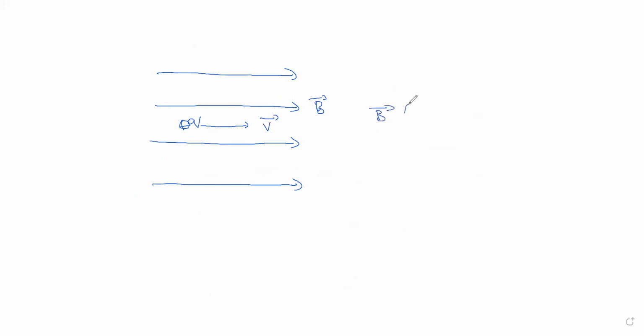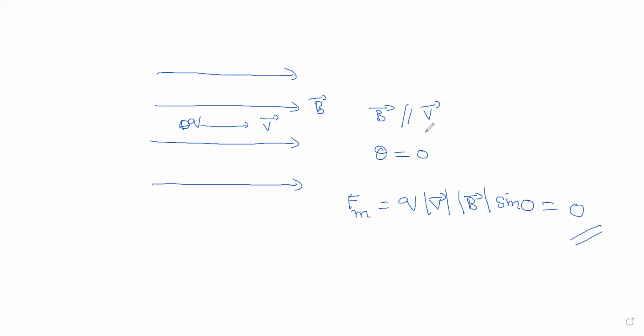B bar is parallel to V bar, which means theta is 0. Fm is given by Q into mod V bar mod B bar sine theta, but theta is 0, sine 0 is 0, so Fm is 0. So when B bar is parallel to V bar, magnetic force is 0.